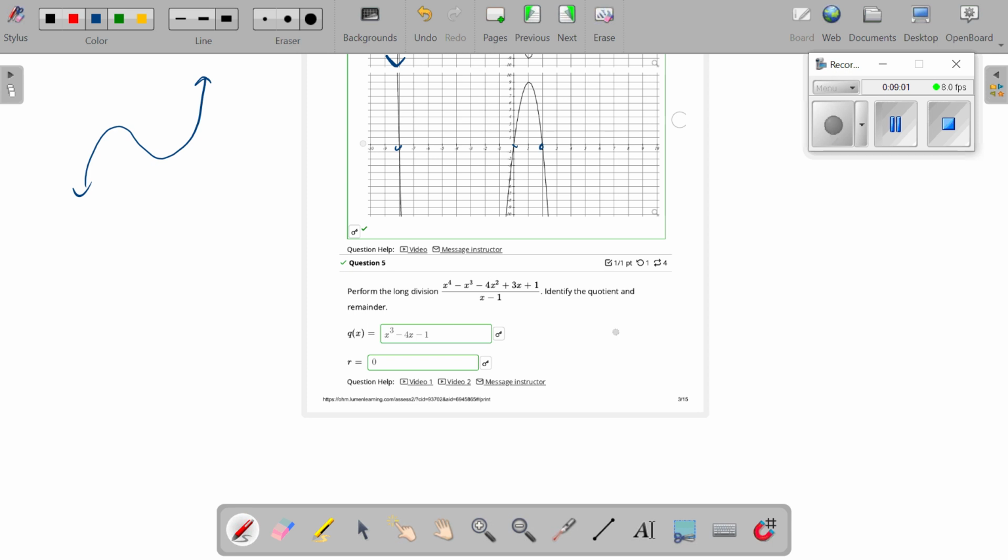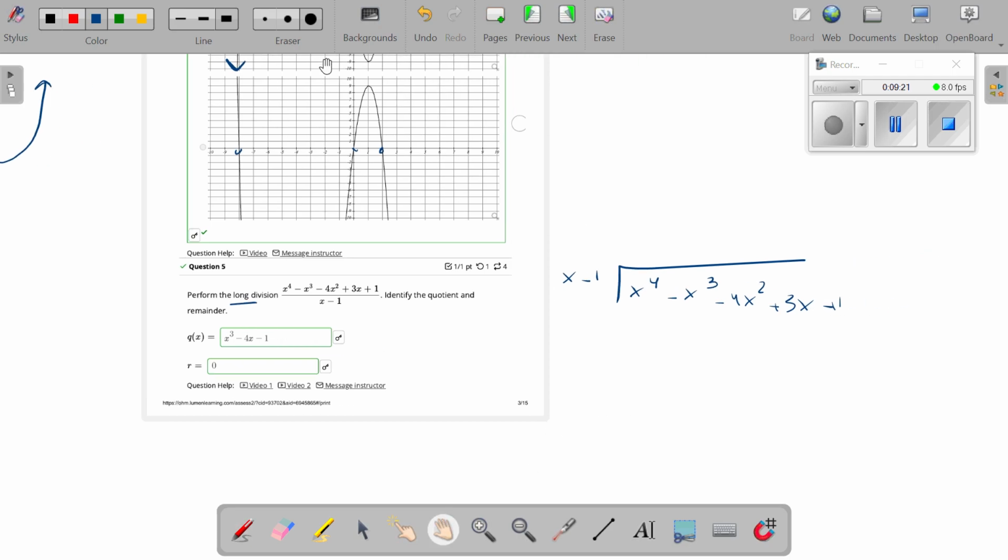Question number 5 is asking us to do the division using long division. So I'm going to write x minus 1 here and x to the power 4 minus x to the 3 minus 4x squared plus 3x plus 1. And let's do the division now.